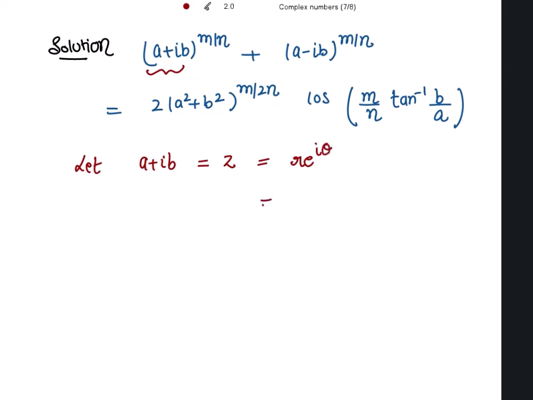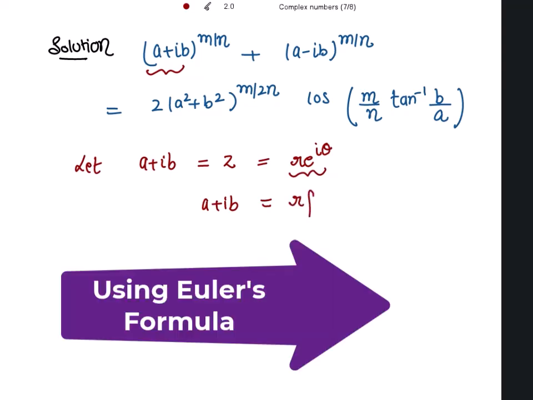Further, I can write this as a plus iota b equal to r e to the power iota theta, which by using Euler's formula is r into cos of theta plus iota sine of theta.